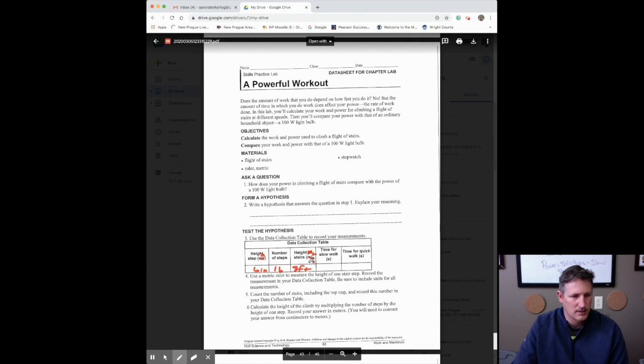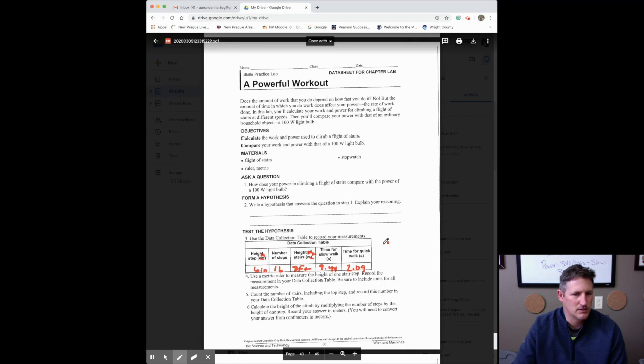And you write that in your packet. My time for my slow walk was 9.44 seconds, and the time for my quick walk was 2.09.